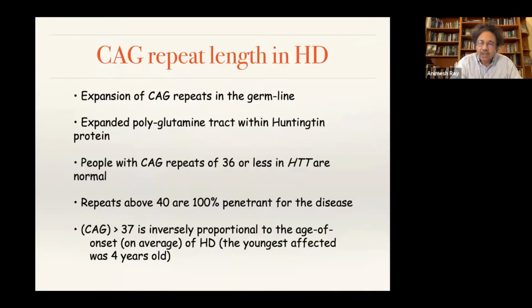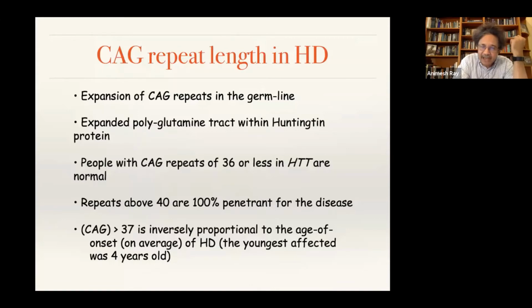However, when this person will develop the disease depends on the number of repeats above 37. And the longer the repeat, the shorter is the age of onset. In other words, by shorter, I mean the earlier is the age of onset.